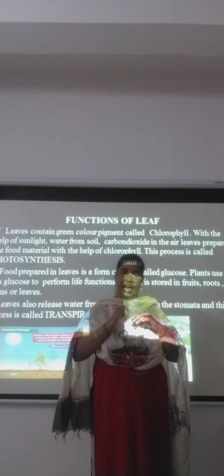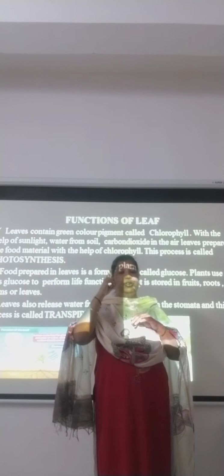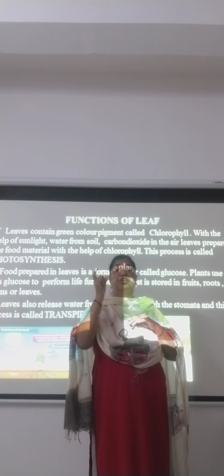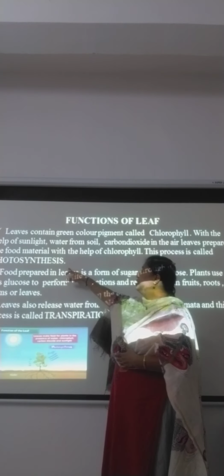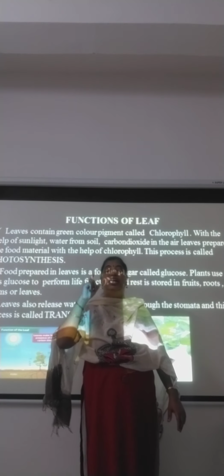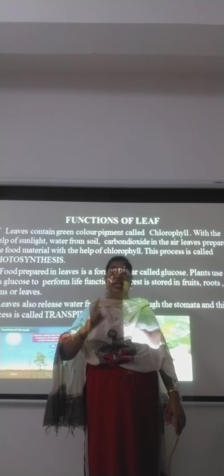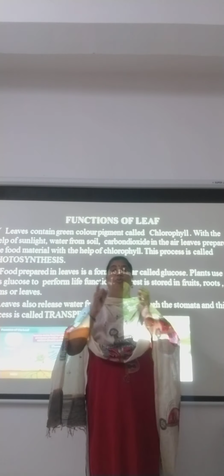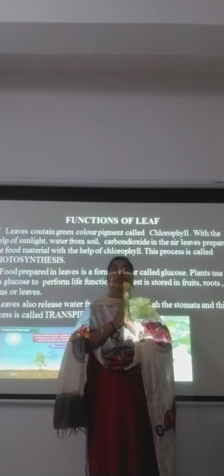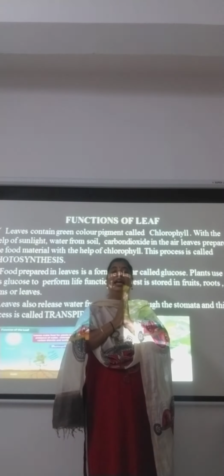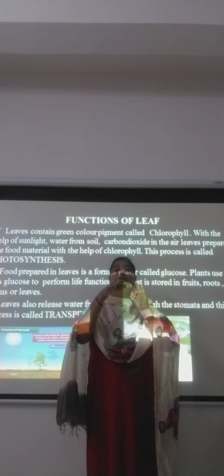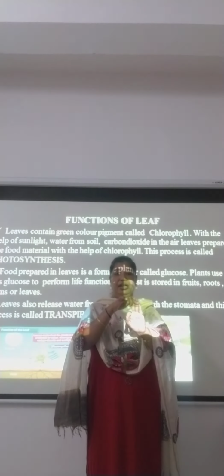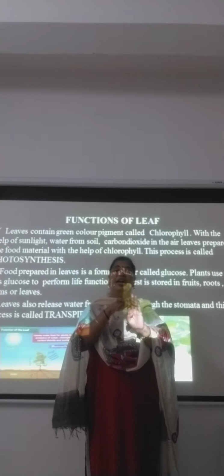food material. Yes, have you heard the word photosynthesis? Photosynthesis happens only on the leaf, the green leaf. Now, what does the leaf need for the preparation of food material? Sunlight, water, chlorophyll, and carbon dioxide.